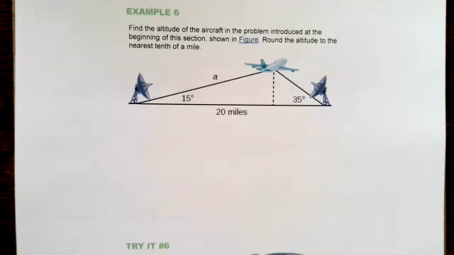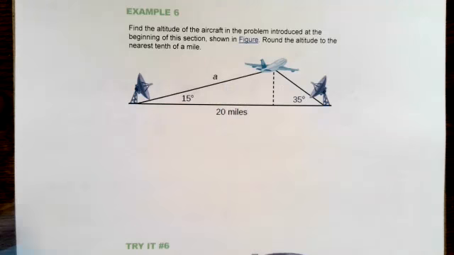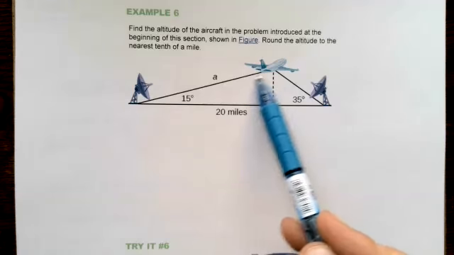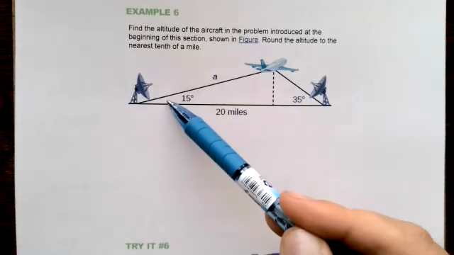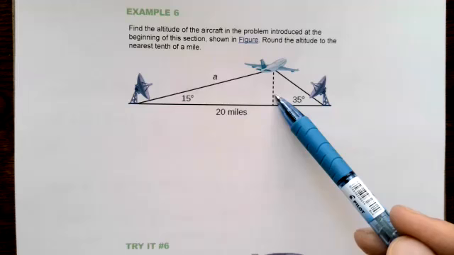We don't know that. So we actually need to know some other parts in this oblique triangle. For example, if we knew side A, this side, then we could use our sine to find the H, right?